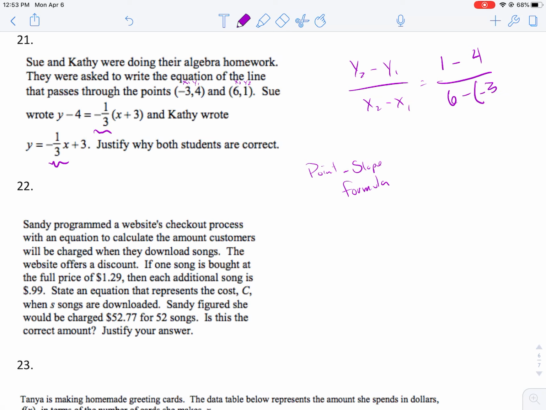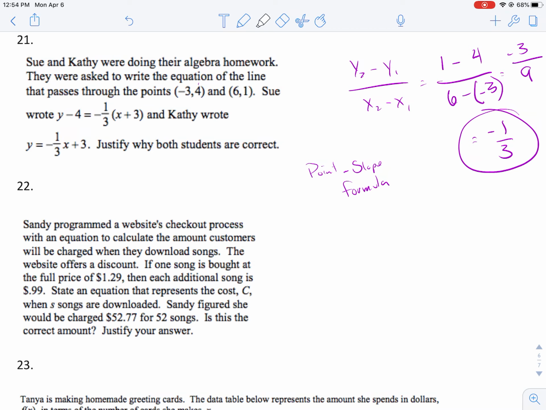When you use it, you're going to go y2, which is 1, minus y1, which is 4, over x2, which is 6, minus x1, which is -3. So you get 1 minus 4, which is -3, over 6 plus 3, which is 9. So you get -3 over 9, which is just -1/3. So they do have the correct slope, which is good.